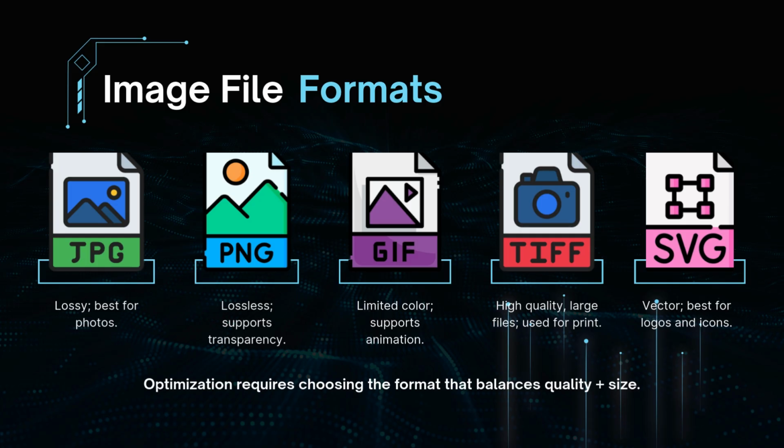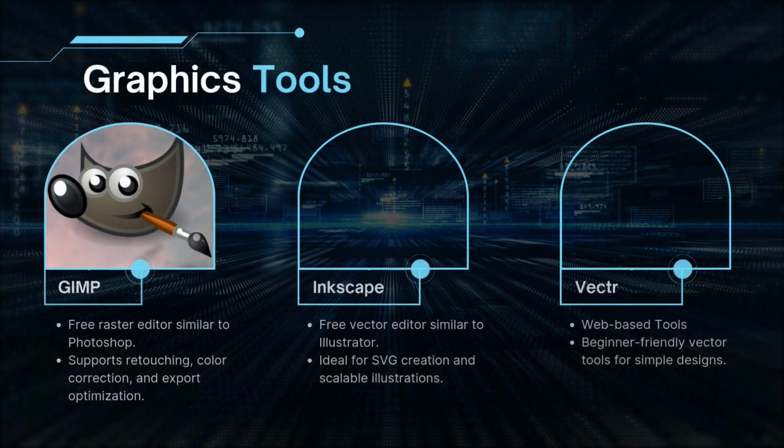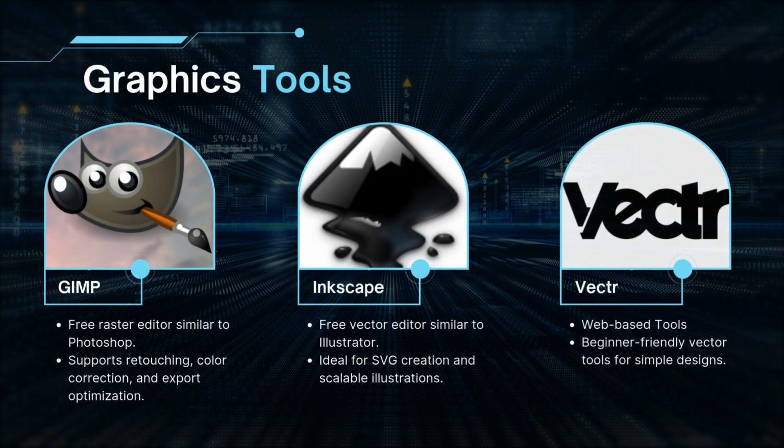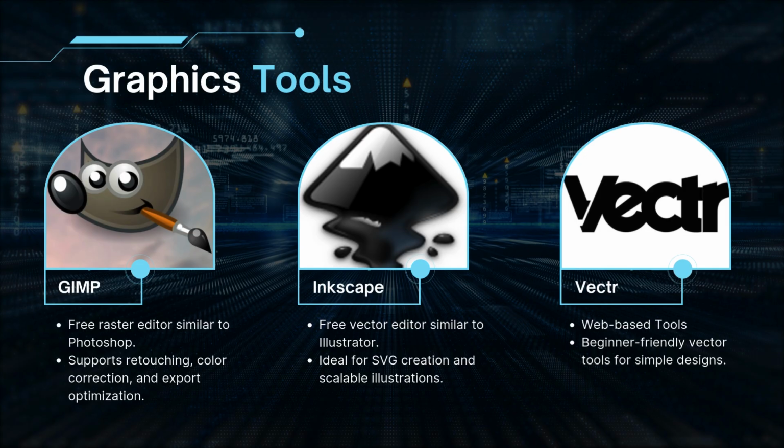That is why we have tools that make this process way easier, such as GIMP, which is a raster image editor. It's similar to Photoshop, and it helps to edit images with retouching, color correction, filters, and exportation, helping to optimize raster images.